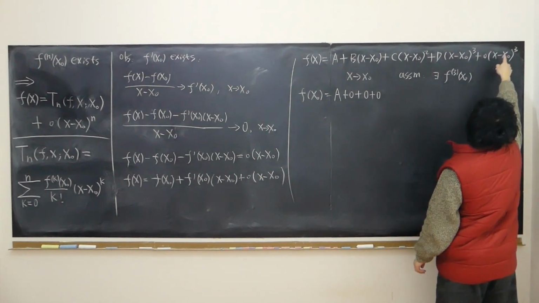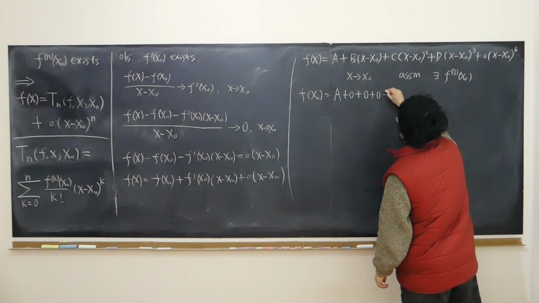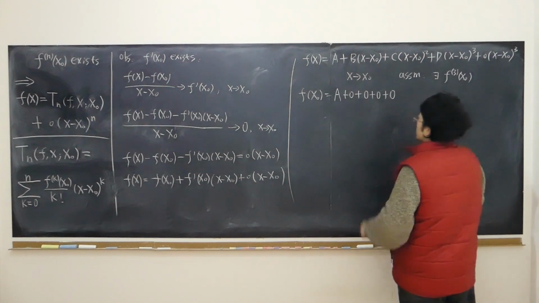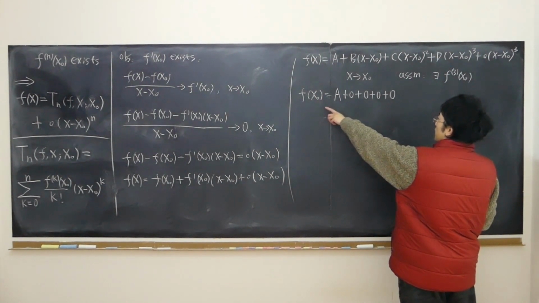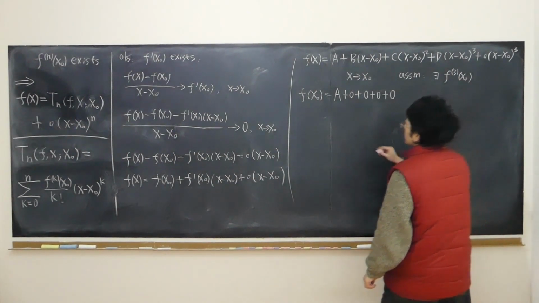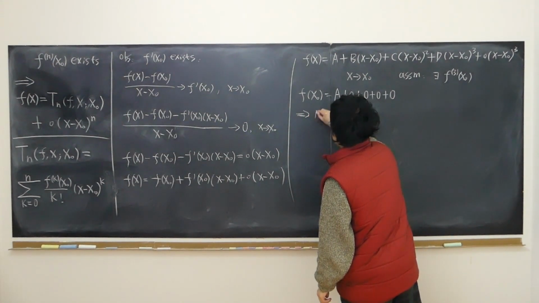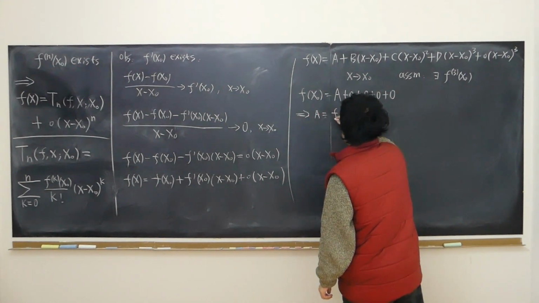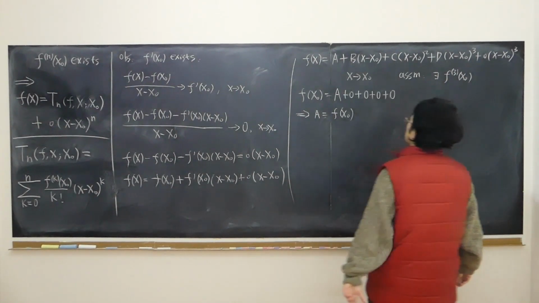Even smaller than this infinitely small amount, of course, even more 0. So that means A should exactly equal f of x naught. All right, that's our result. So we've solved A successfully. It is the functional value at exactly x naught.